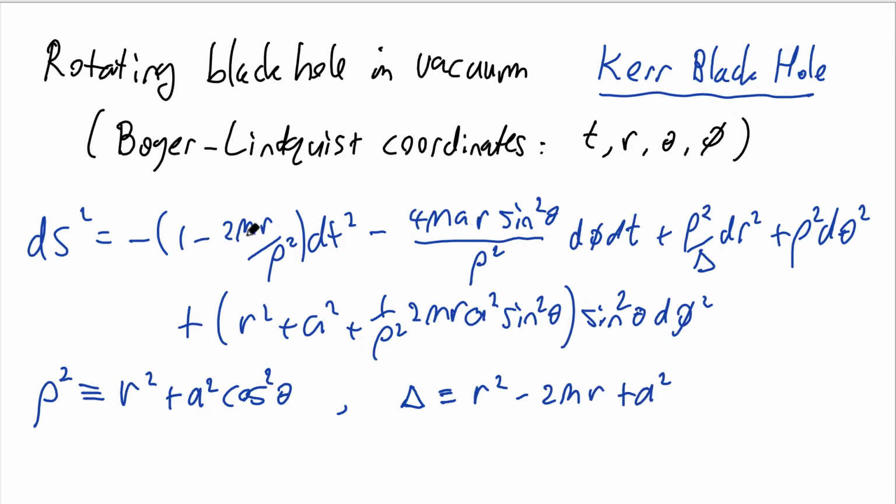The other parameters you see are m, which is the mass of the black hole, and a, which is defined as J over m, where J is the angular momentum of the black hole.